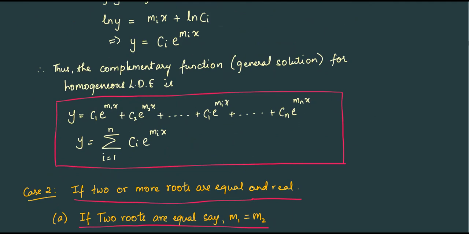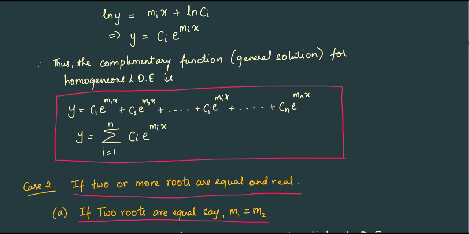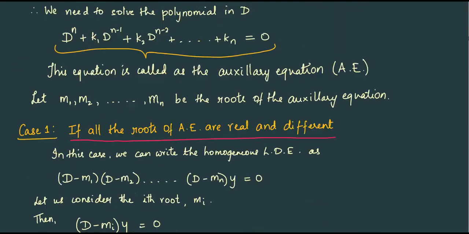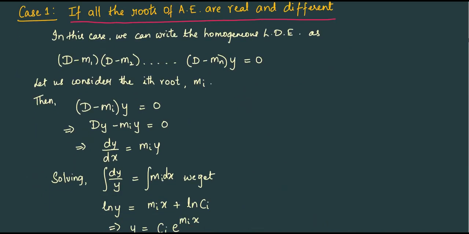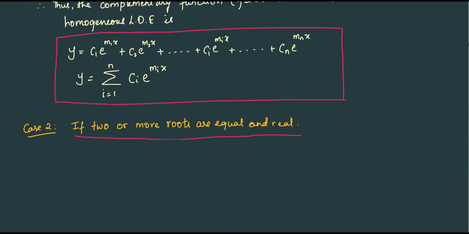So this is the general solution for the case when the auxiliary equation has all real and distinct roots.